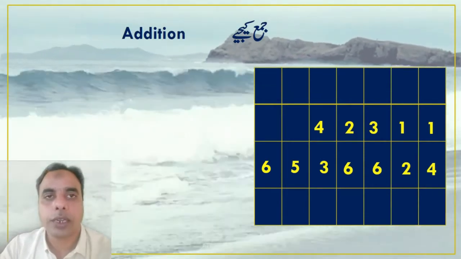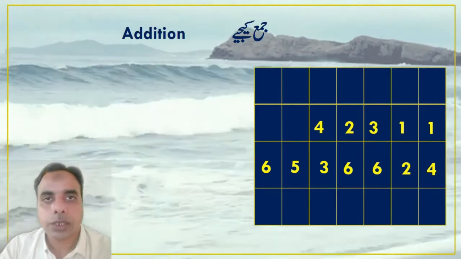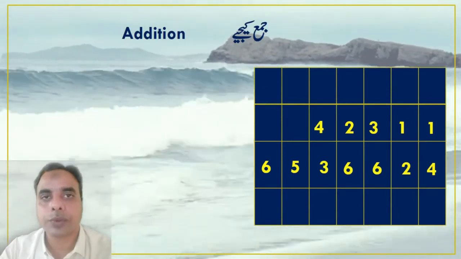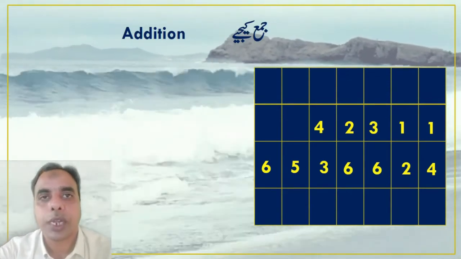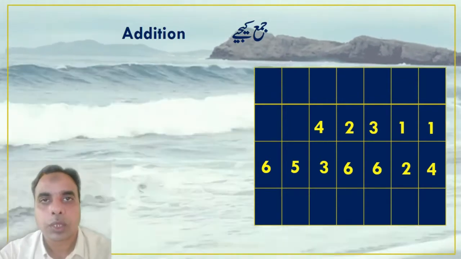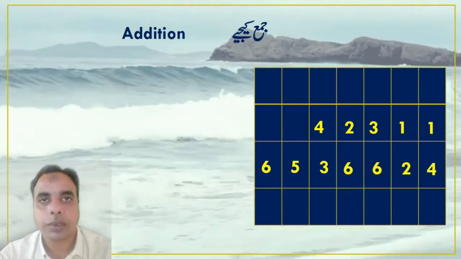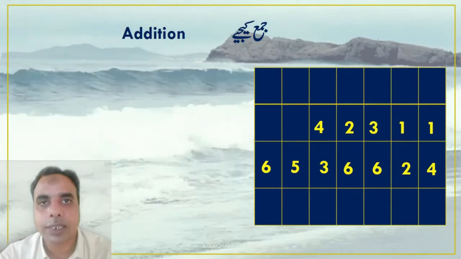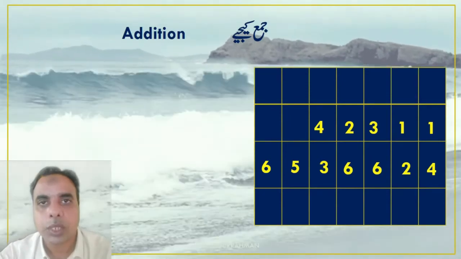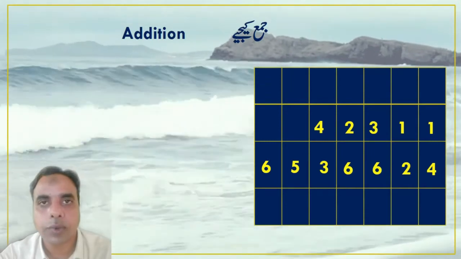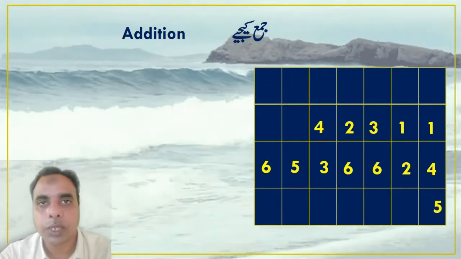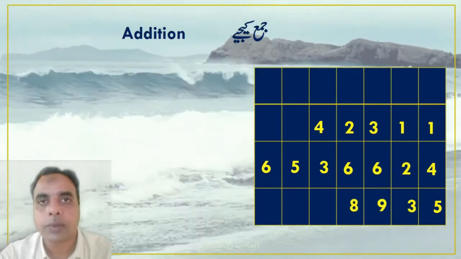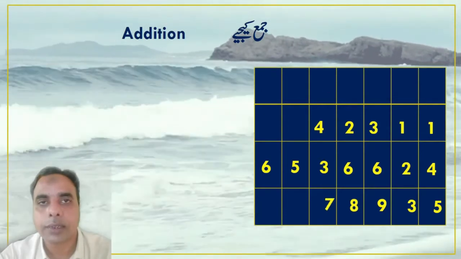The question number 1 is here, and you will see on your screen that we are supposed to do addition of 42,311 and 65,36,624.